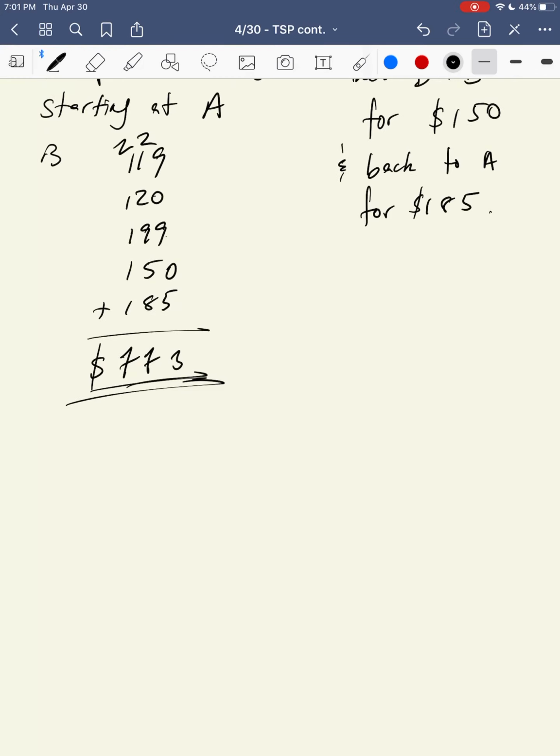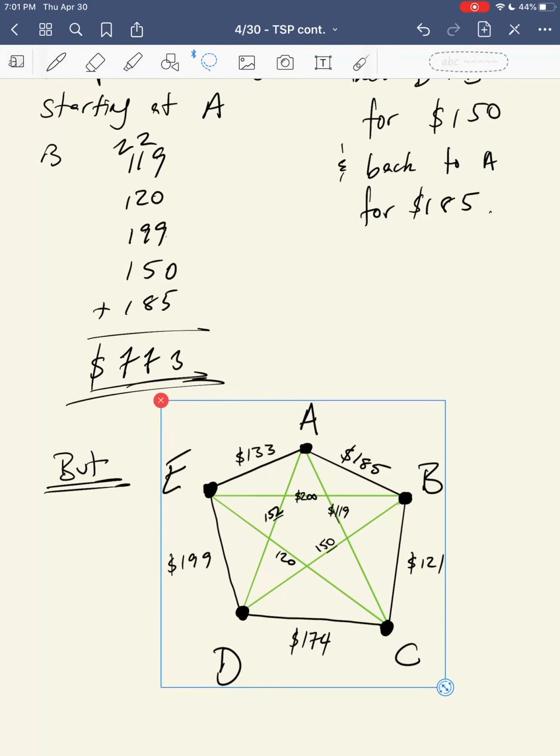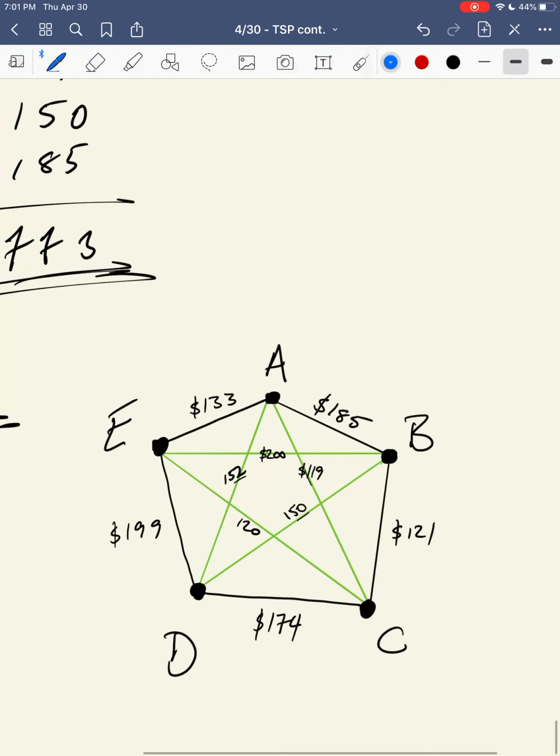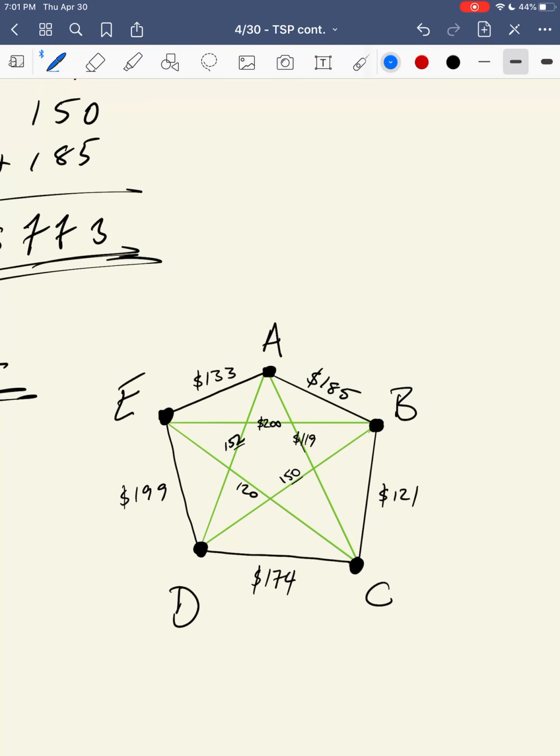But what I want you to look at is, we found a cheaper version last time. Remember what we did? We looked just for the cheapest edges that we could see, and we selected them one at a time, and then just saw what could work. This is kind of like guess and check.